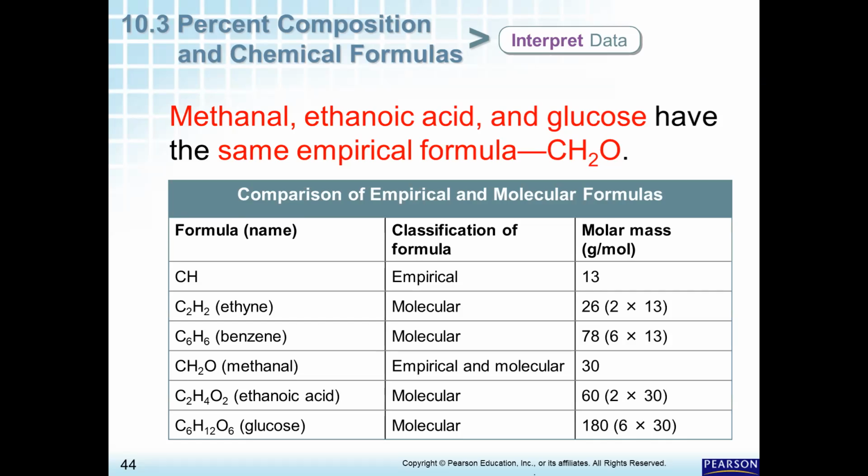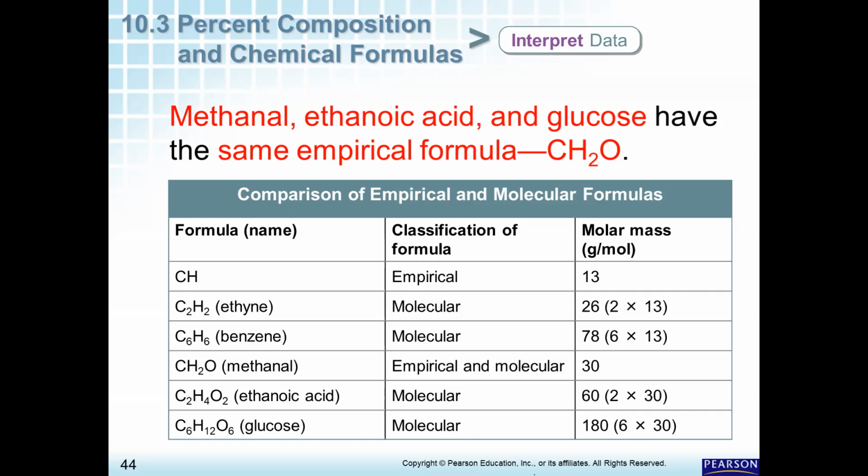So if you have the empirical formula, let's say you did the percent composition and you know the empirical formula, and you want to know the molecular formula, what you need is the molar mass of the molecular formula. For example, let's say I have a gas, I don't know if it is ethine or not, but I gave you the percent composition, you did your calculation, and you reached the point that the empirical formula is CH.